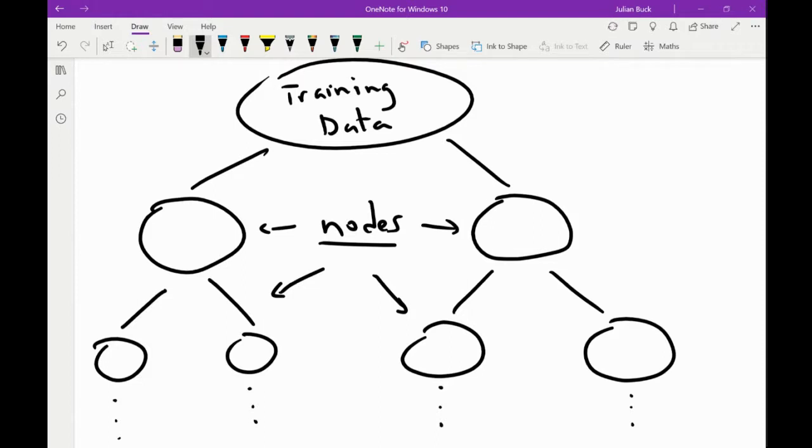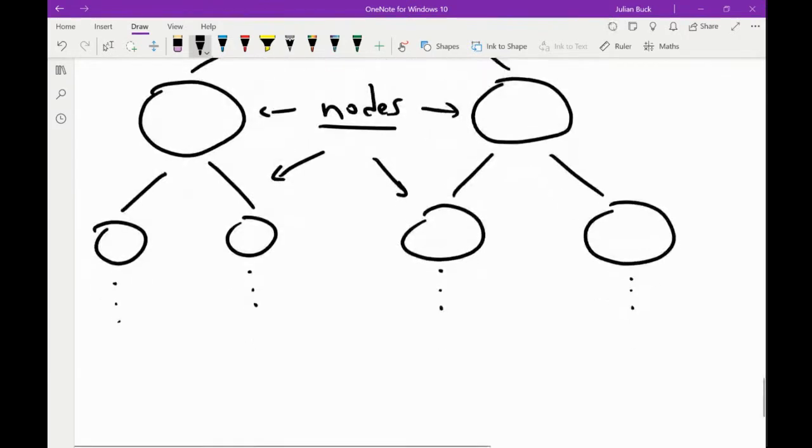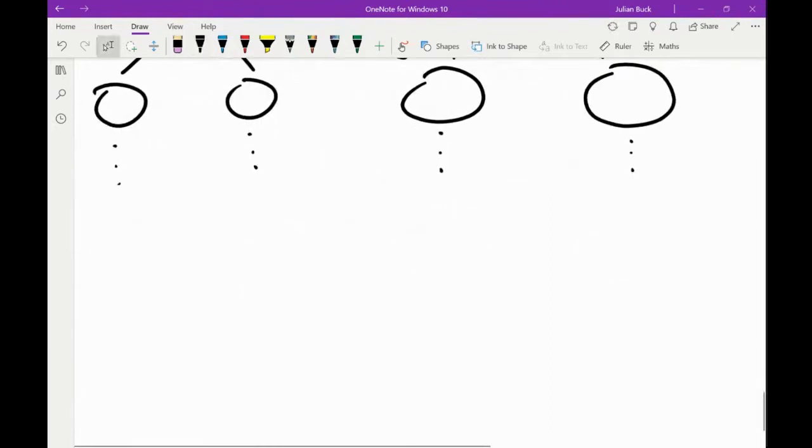So what we're trying to do is group together observations in the data where the responses are as similar as possible. And that's formally speaking.